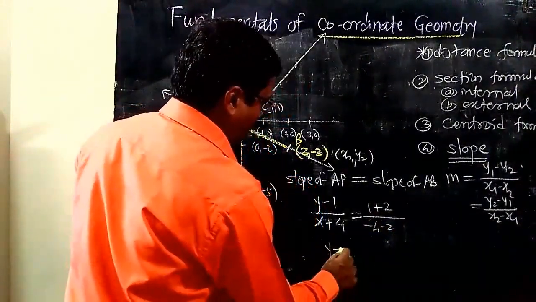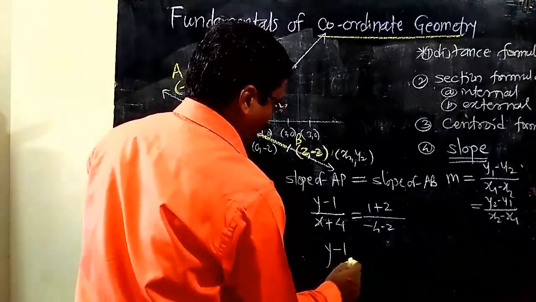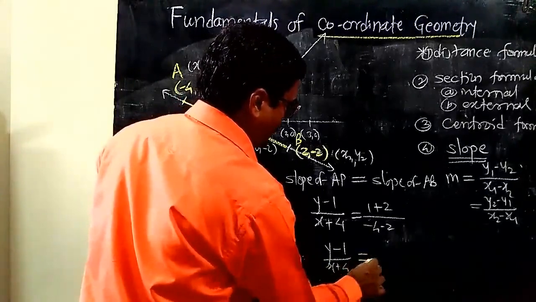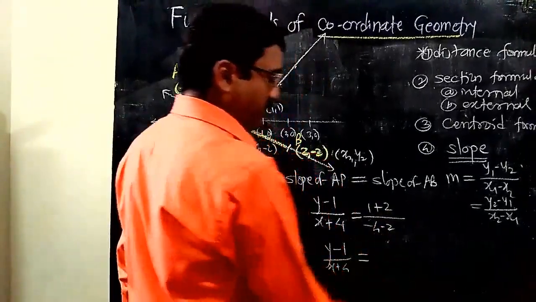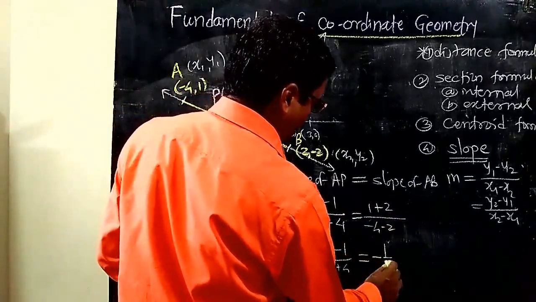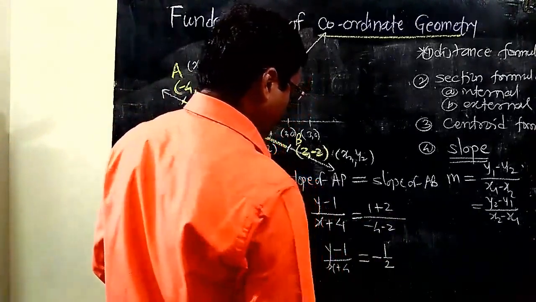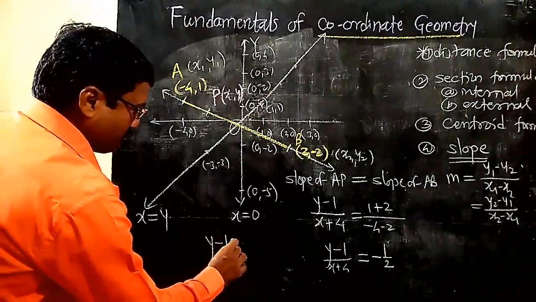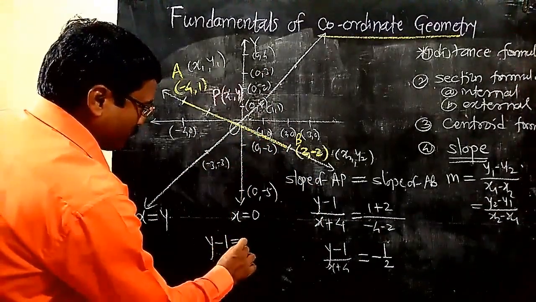So y minus 1 upon x plus 4, that will be, this is 3 and this is minus 6. So 3 upon minus 6 is minus half, and we get the equation as y minus 1 equal to minus half of x plus 4.